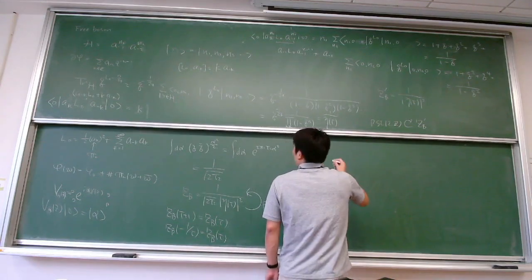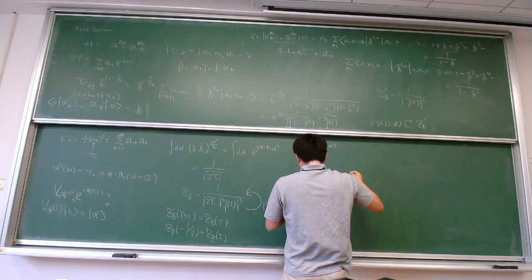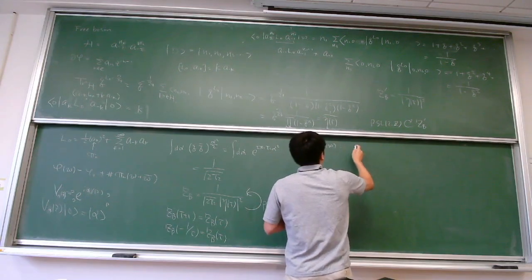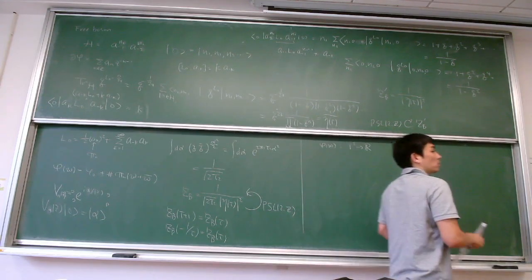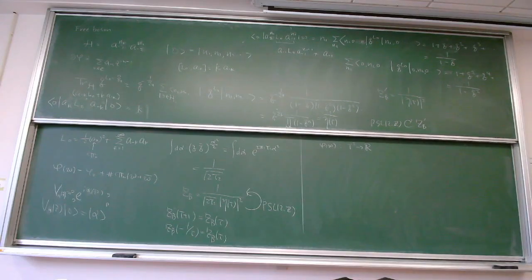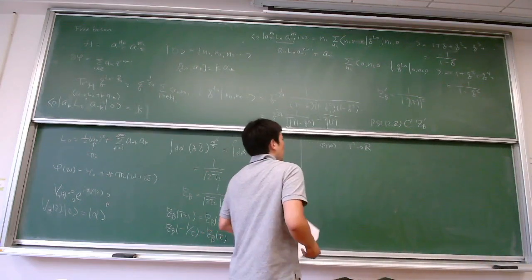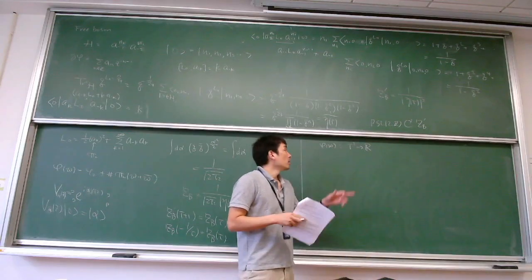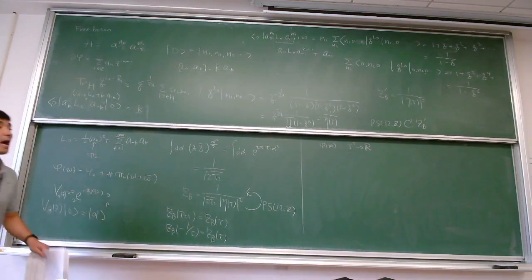So phi of z, phi of w, whatever you call it, can be understood as a map from the torus to R, a function or field. Phi takes values in R, and w takes values in the torus.